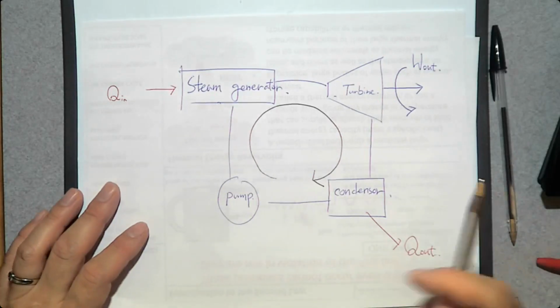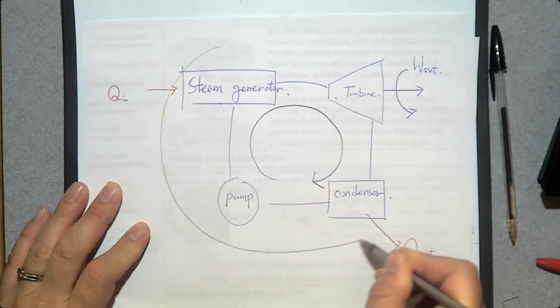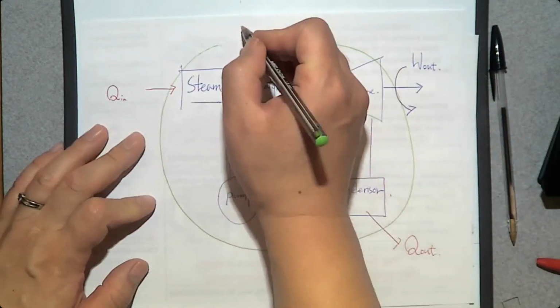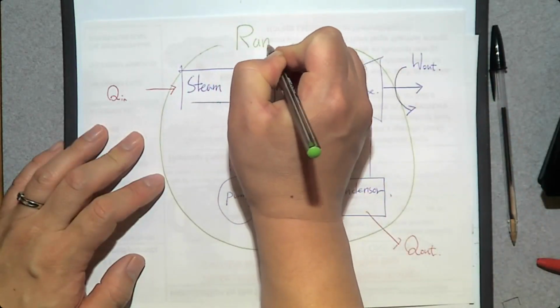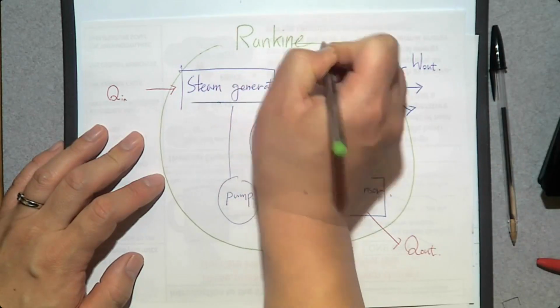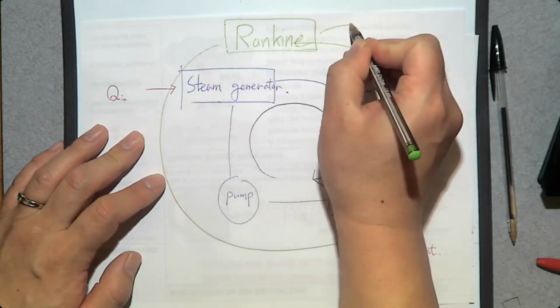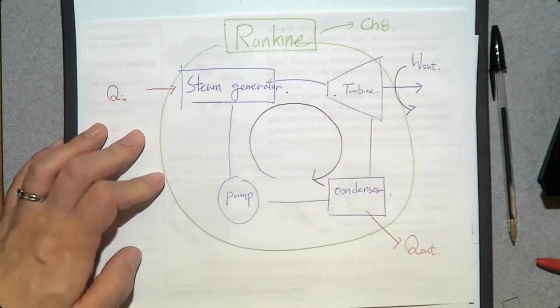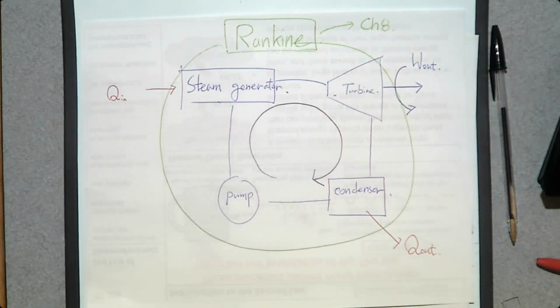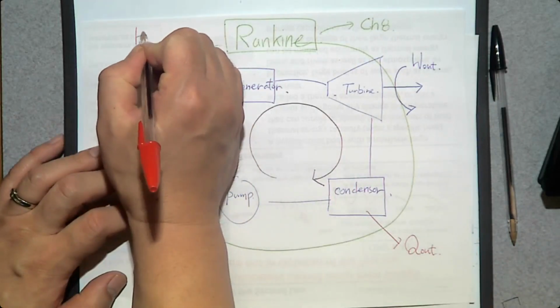This cycle is called Rankine cycle. And that we are going to study later in chapter 8. And this is one example of heat engine.